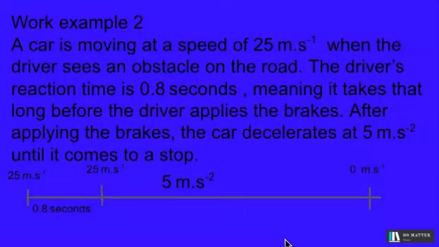Worked example number 2. A car is moving at the speed of 25 meters per second when the driver sees an obstacle on the road. The driver's reaction time is 0.8 seconds, meaning it takes that long before the driver applies the brakes.